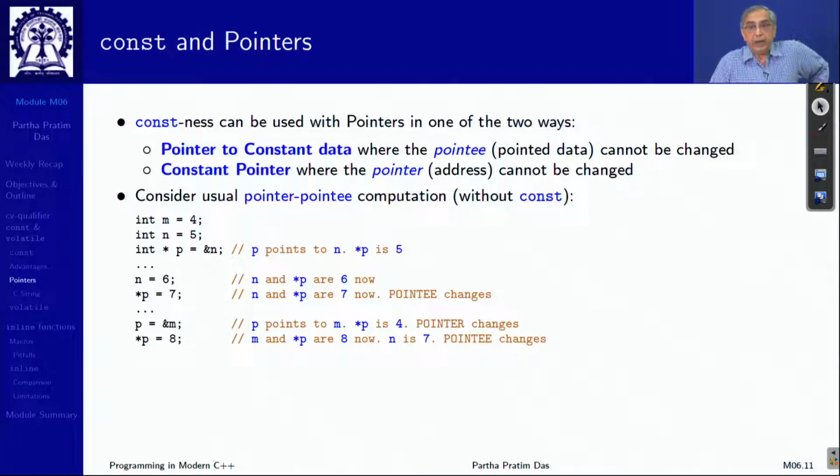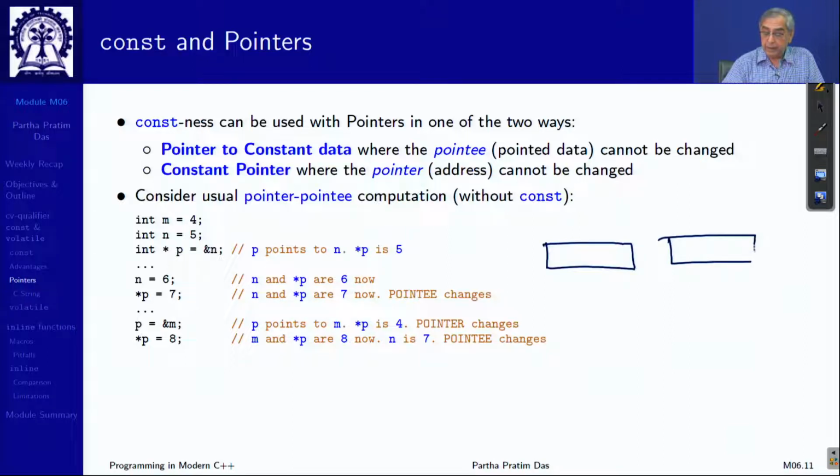Now, let us quickly look at constants and their interplay with the pointer. See, how would const-ness apply to the pointer scenario? Suppose I have n here, I have p here, n has a value 5 and I have p as a pointer to n.